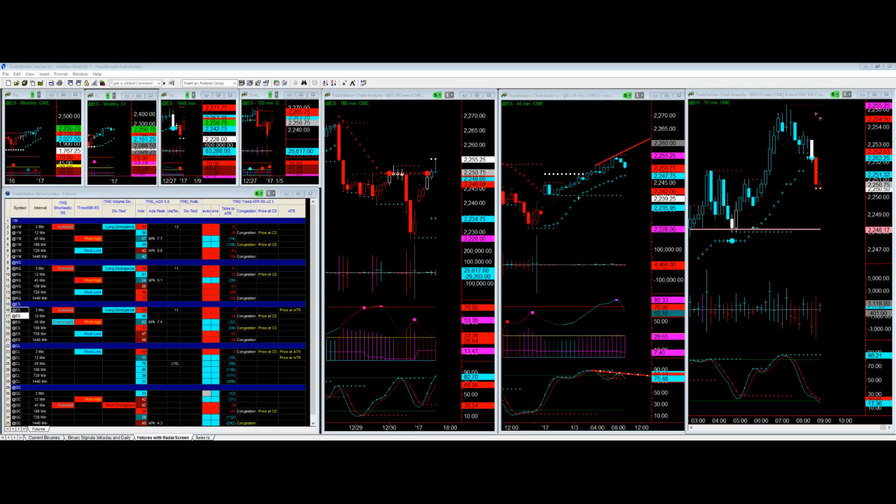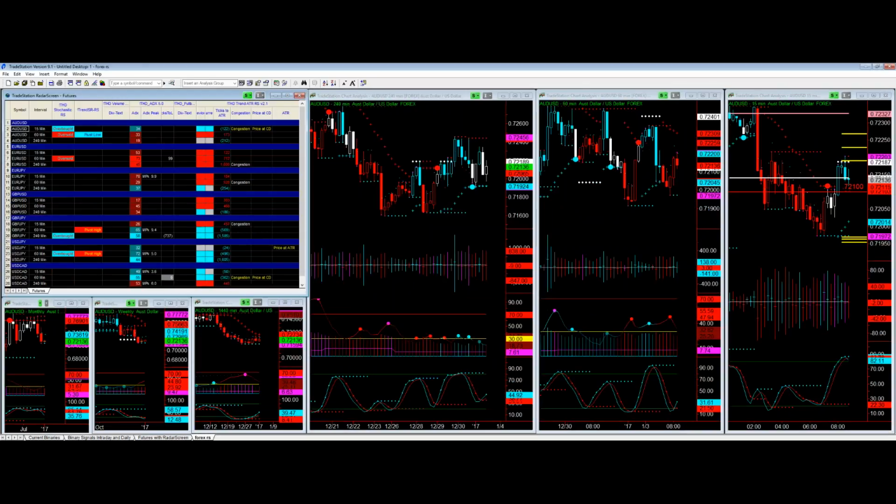I do look at the 60-minute to see whether it supports it. You know, that's the purpose of looking at a higher time frame. Now, on the Aussie US dollar, we know that this should come back and test this ATR before the higher time frame kicks in.